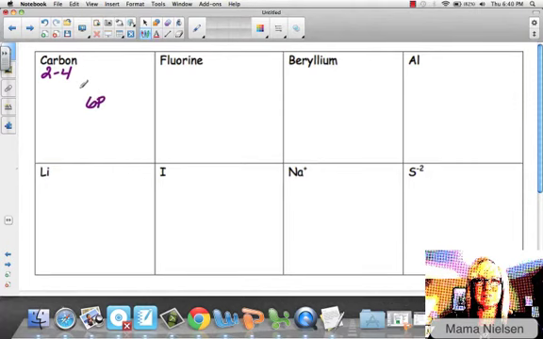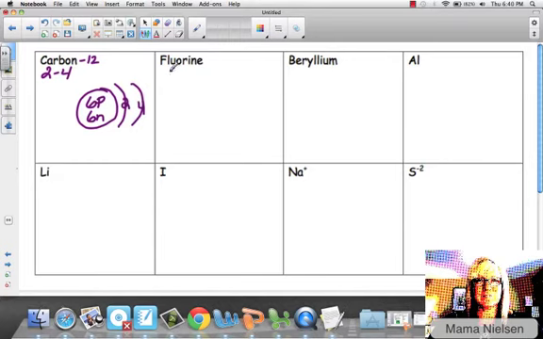It's got an atomic mass of 12, so carbon 12, that's the mass. 12 minus 6 is going to give us 6 neutrons, so there's our nucleus. And in our first shell, we've got 2 electrons, in our second, we've got 4. And normally, like I said, I would draw the circles and put 2 dots on the first circle and 4 on the second, but that's going to be very time consuming to do.